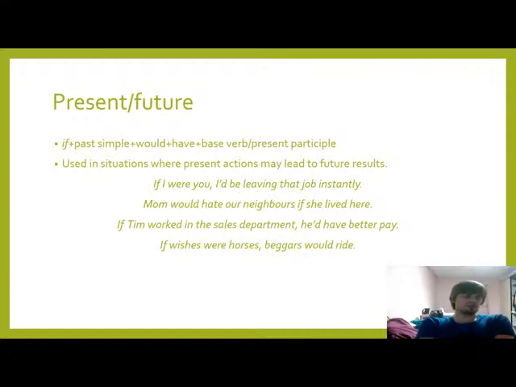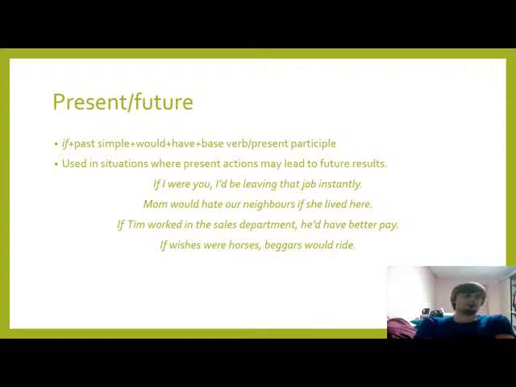And it is useful to know that those are hypothetical situations we are talking about, and those are unlikely to happen, if likely at all, if possible even. Another example, mom would hate our neighbors if she lived here.